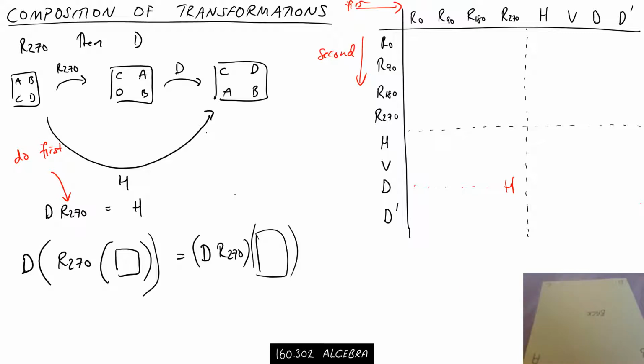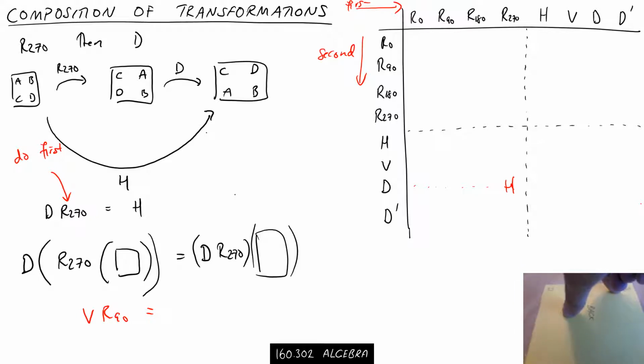So let's just do another example. Maybe we'll do V times R90 equals. Okay, so remember we do the one on the right hand side first. So R90 is rotate left by 90 degrees, and then we'll do a vertical flip.